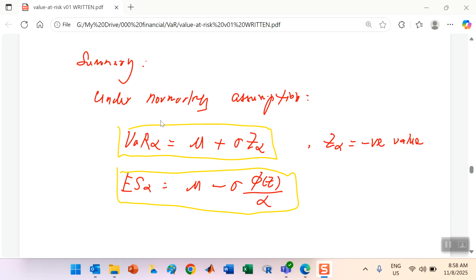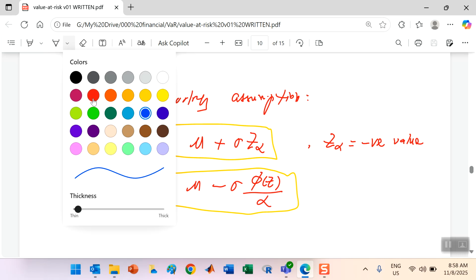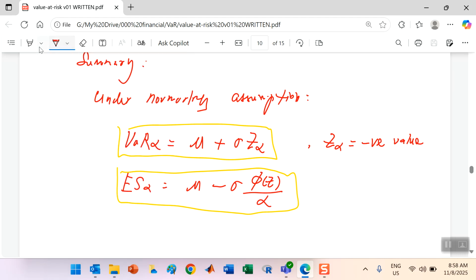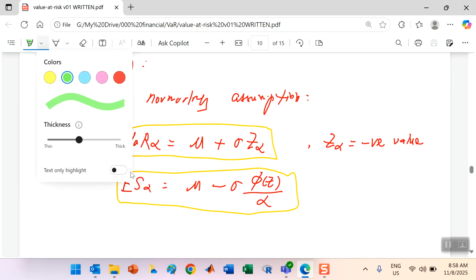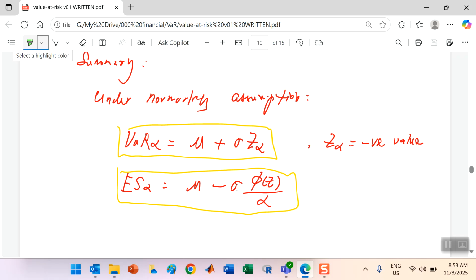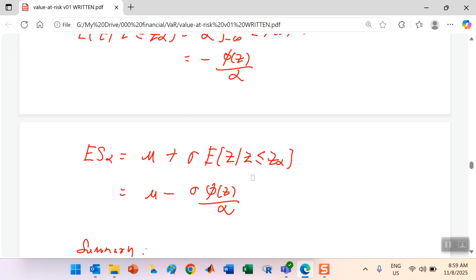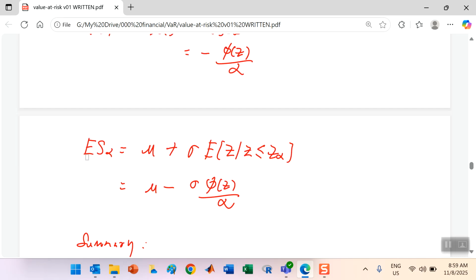We have discussed how to determine the expected shortfall, and under the normality assumption, we end up having the VaR as mu plus sigma times the z value. The expected shortfall, on the other hand, will be at the level of alpha, so we end up having phi of z over alpha.